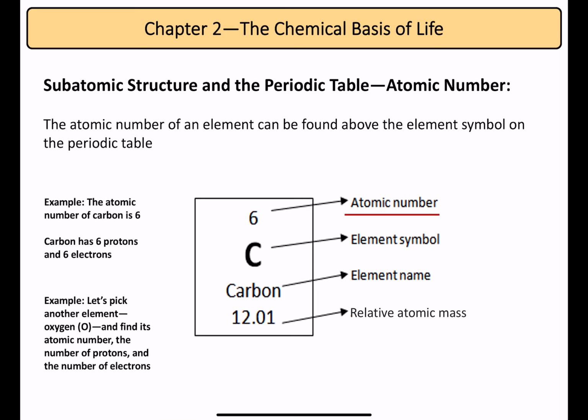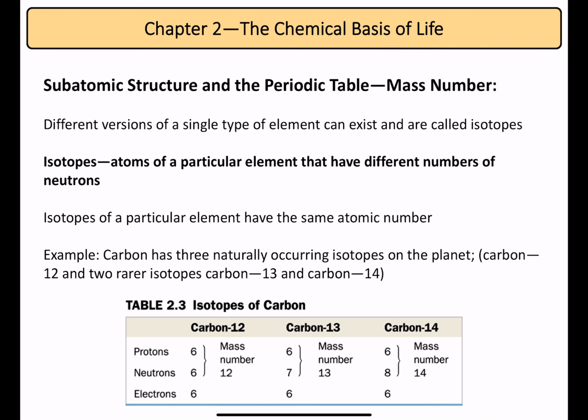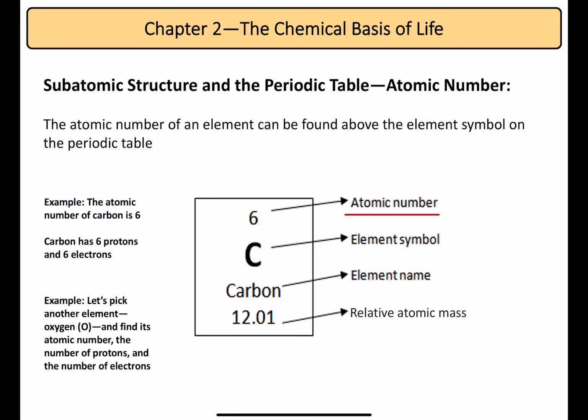All right, moving forward to some of the other information provided by the periodic table. And the second number we're going to focus on is this number here found at the bottom. Now this is known as the relative atomic mass. It's basically the weight of that single element.